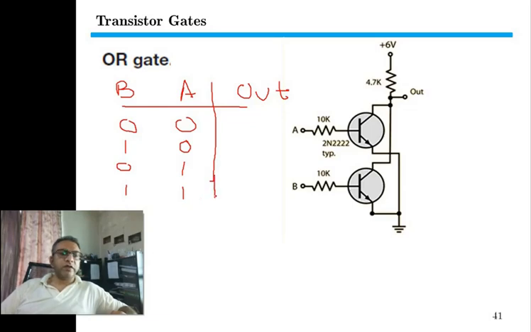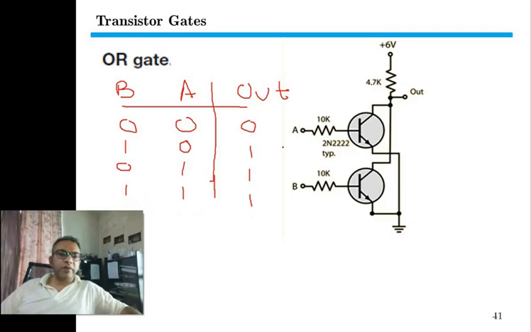So what will be the output for the OR gate? In the first possibility, when B is 0 and A is 0, output is also 0. When B is 1 and A is 0, output is 1. In the third possibility, when B is 0 and A is 1, output is 1. And when both are 1, output is 1. This is the truth table of the OR gate, a two input OR gate.